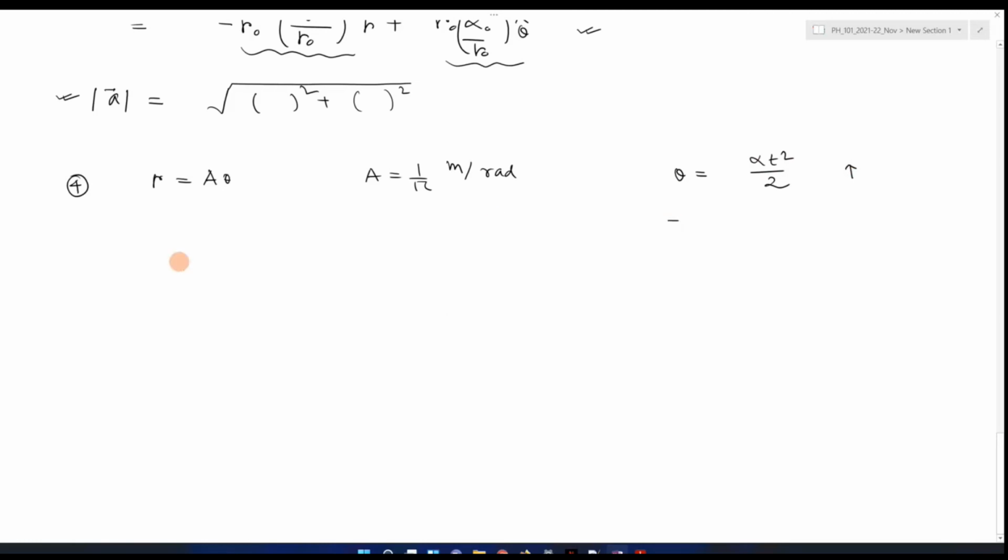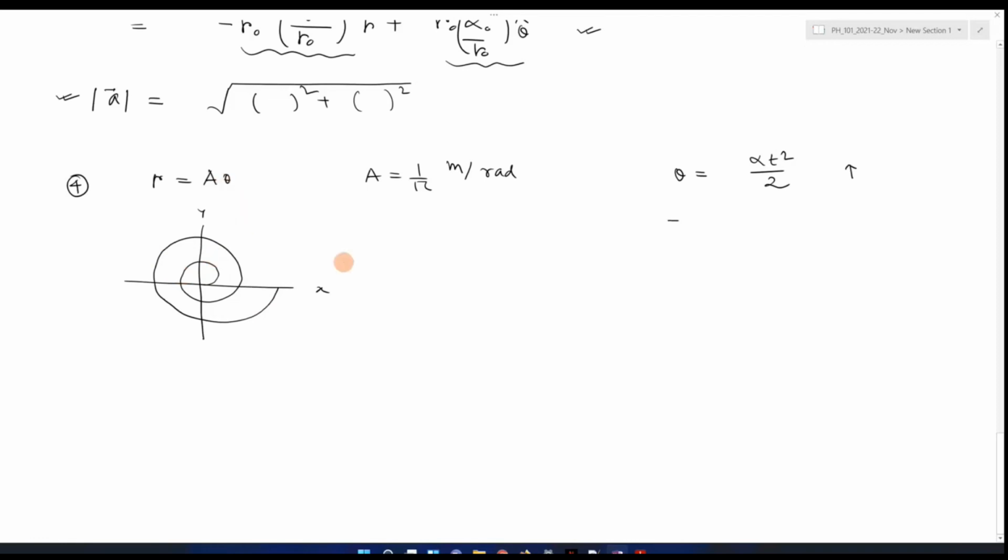Now see, here your r is changing with theta, and a is positive. So once you increase theta, your r should also increase. That's why your motion will look like this. Once you increase the angle, your r should be increasing with it, proportional to it.